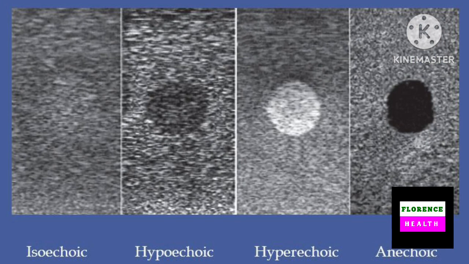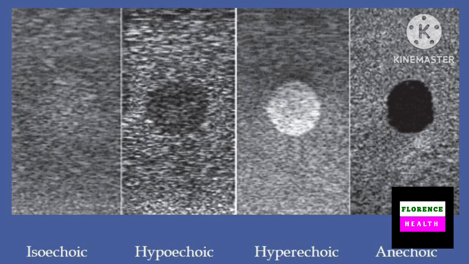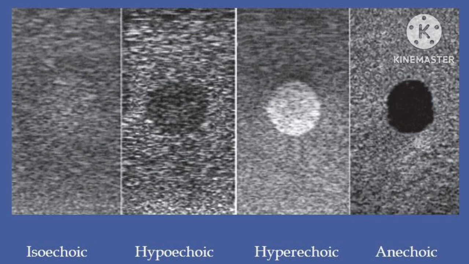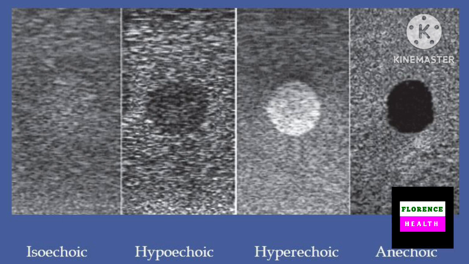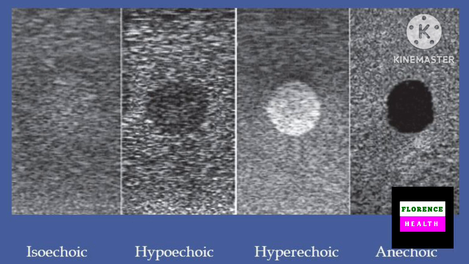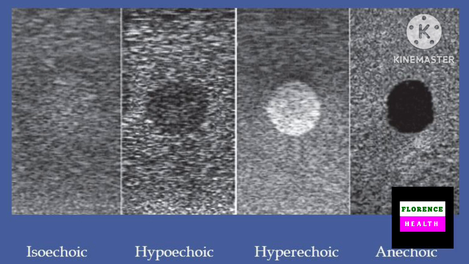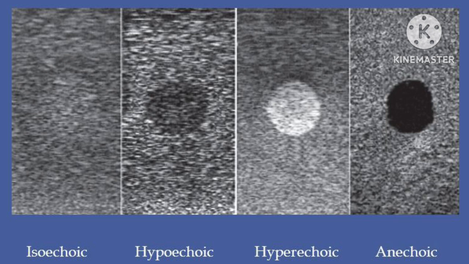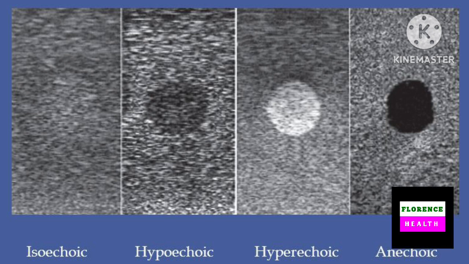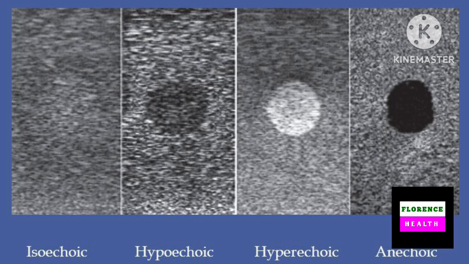Again I am telling, by comparing between the two structures, or two organs, or comparing with surrounding tissue, you can label what is the echogenicity of an organ or of a lesion. In the slide, the left side lesion is isoechoic, as it has the same level of echo as surrounding tissue. The second lesion is hypoechoic, as it has less echo compared to surrounding tissue.